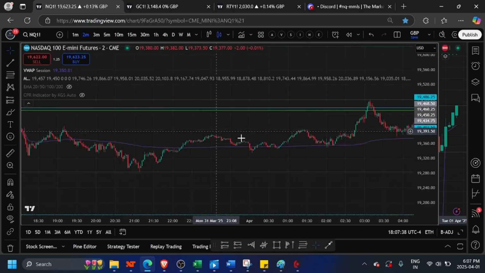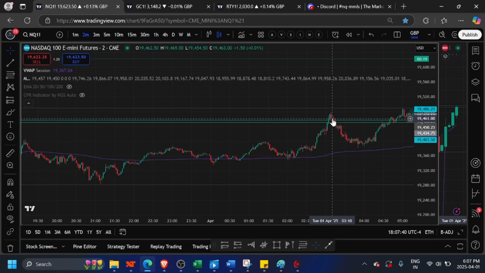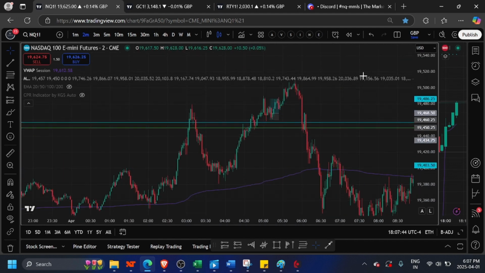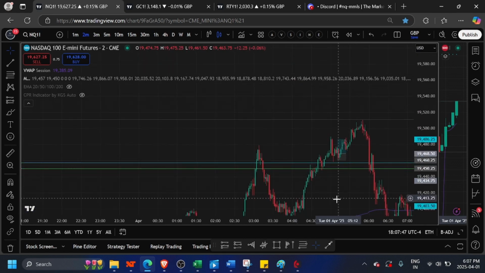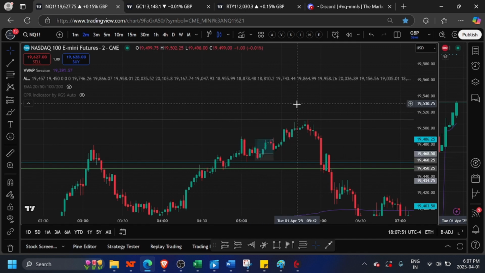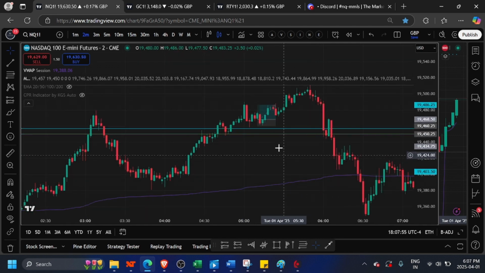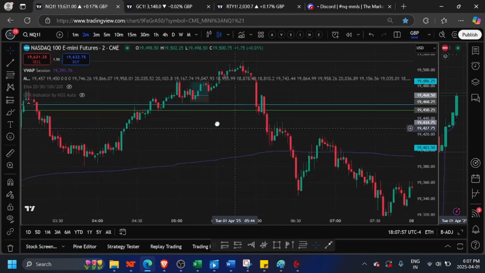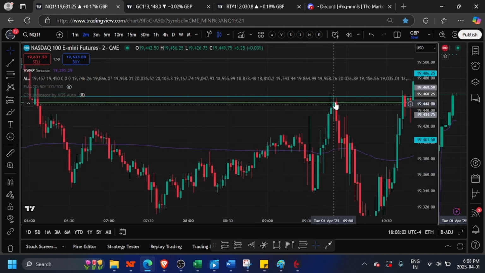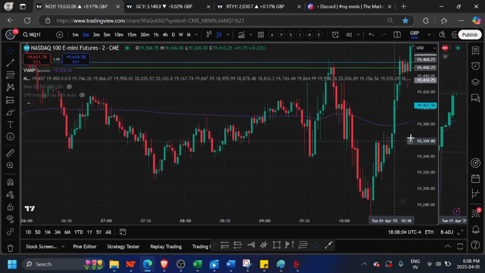You can see price came here and gave you a rejection. Price breached it, and I took this trade. You can take this trade for 1 to 2. I always trade 1 to 2 on break and retest. You can see how the price is coming to these levels and giving a big rejection.